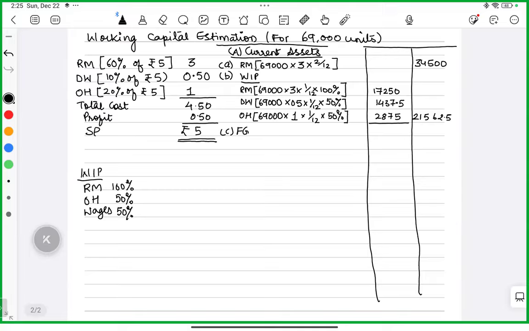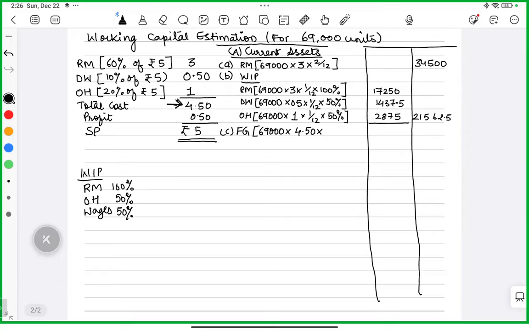C, finished goods. Now you are making 69,000 units. Cost of making per unit is 4.50. You just have to take cost because finished goods will be valued at total cost 4.50. And see in the question, finished goods in store live for 3 months.